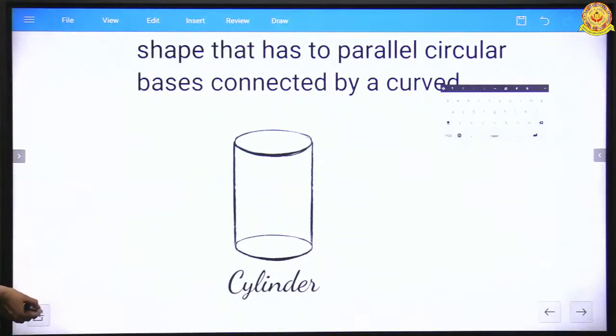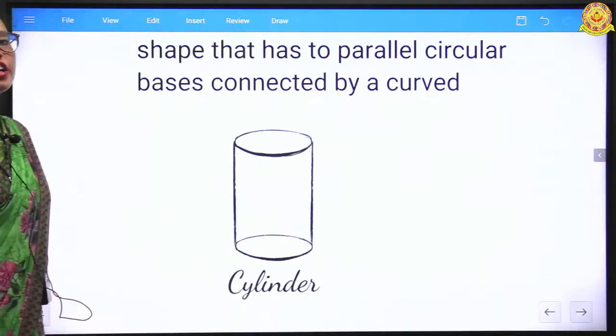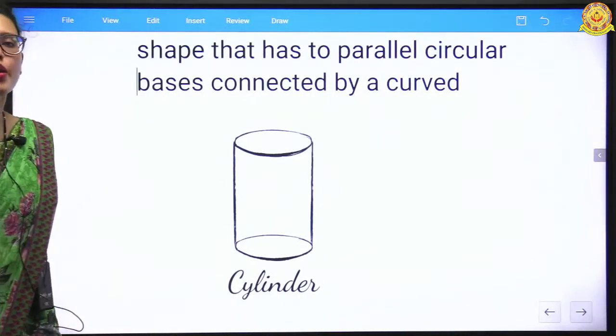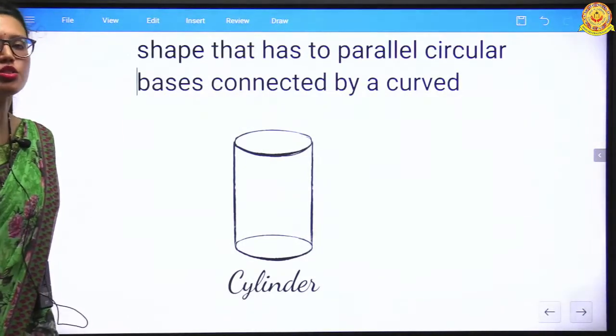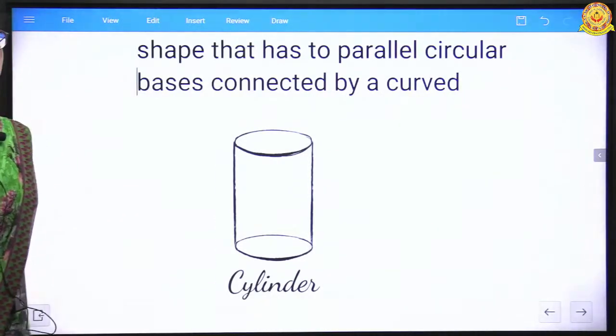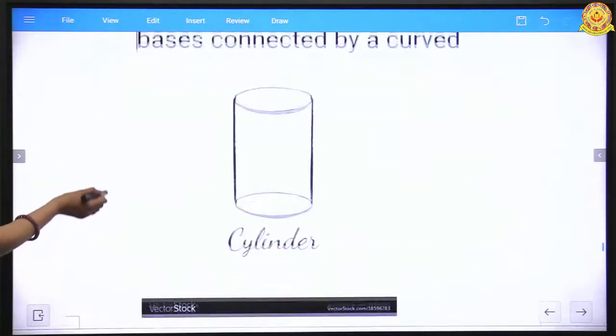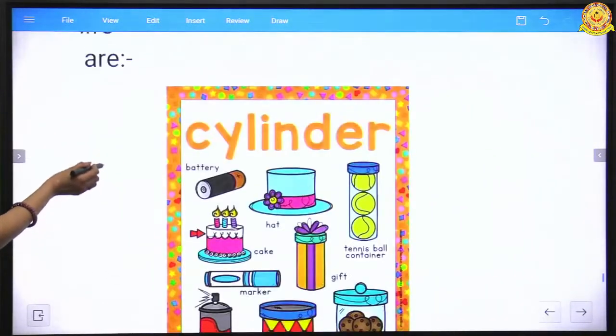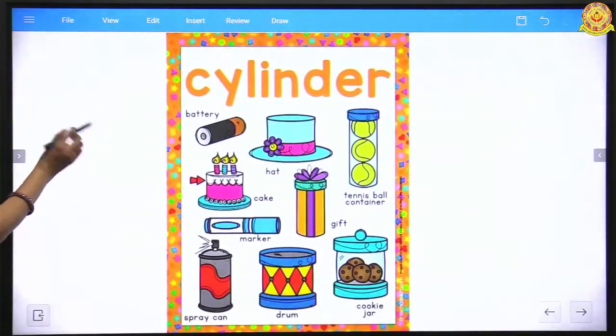Have you ever seen a cylinder shape in your day-to-day life? Yes, of course you have seen it and you have focused on it. Let's take a look at how many shapes there are in our daily life which are similar to a cylinder. Here it is.